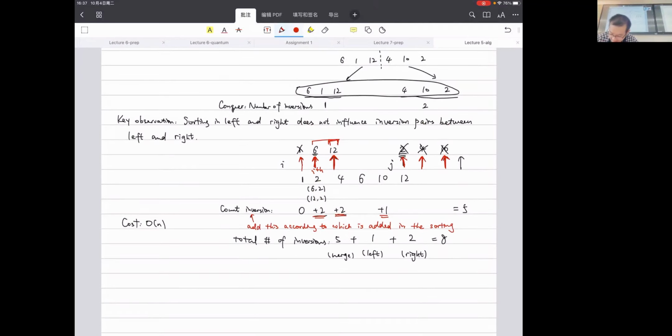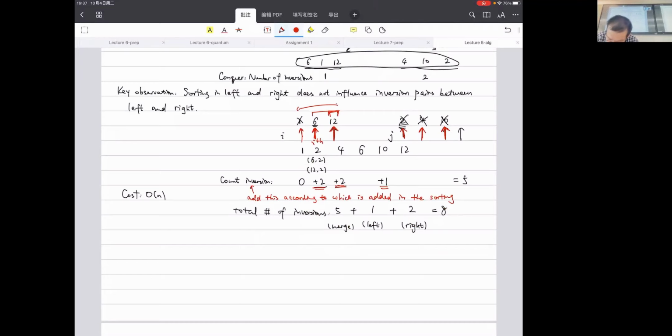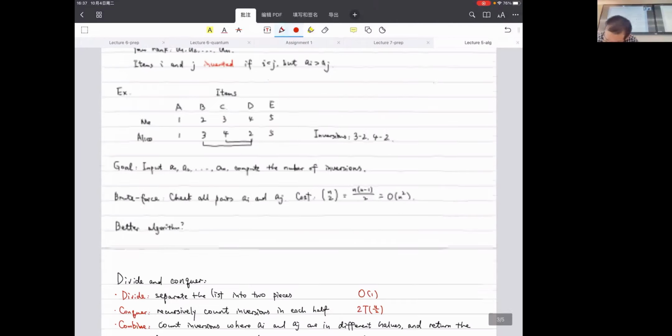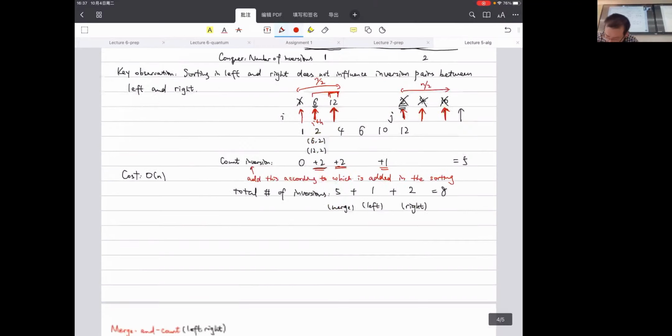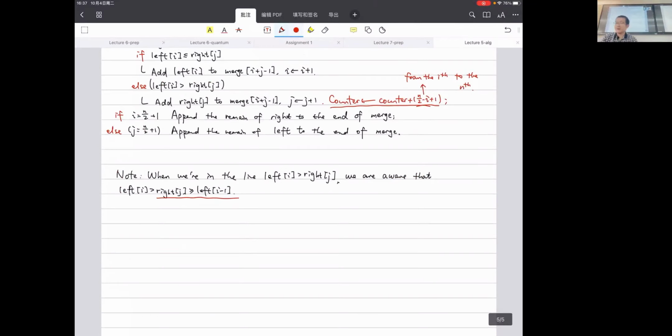The length here is n over 2, and the length here is also n over 2. So yes, it should be n over 2. Thanks for the correction. Let me mark this so that I don't teach it wrong next year. Okay. Any other questions?